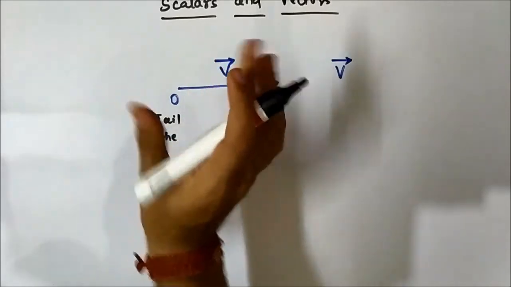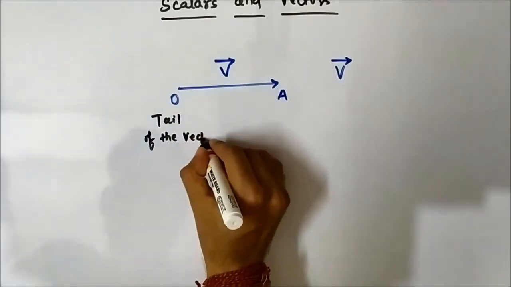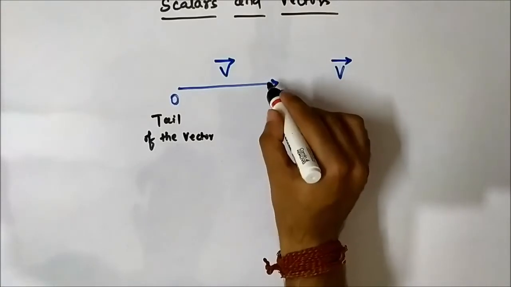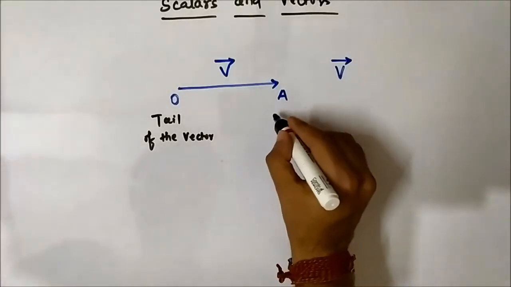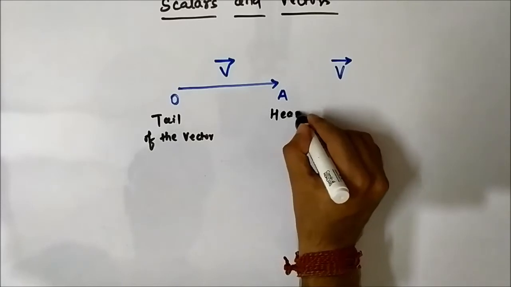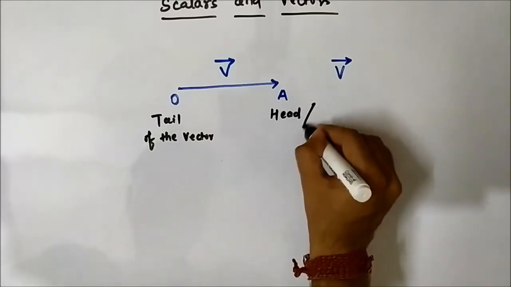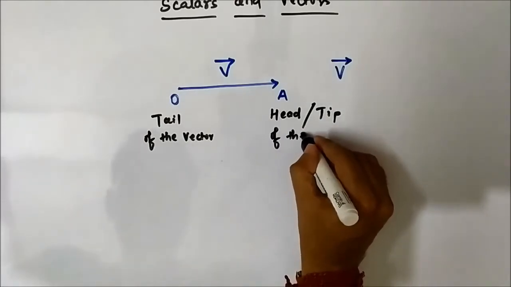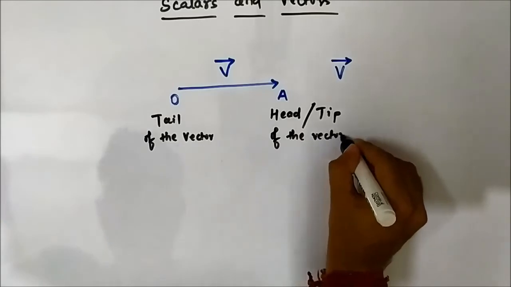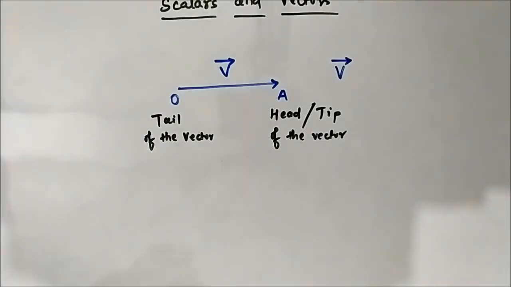The finishing point, the top of the arrowhead, this point A, is called the head, or it is also called the tip of the vector. This is the representation of a vector.